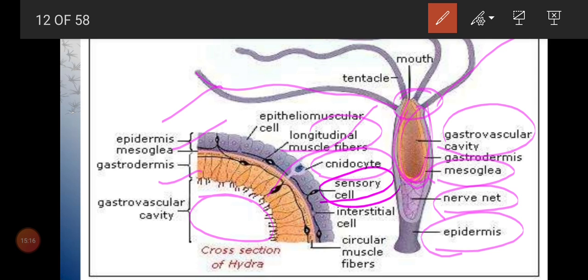Now only the sensory cells have started. That's why it is called a primitive nervous system. And interstitial cells, I'll explain with other organisms. You just remember interstitial cells will also be present in the Coelenterata group. And circular muscle fibers, because here tissue level started, so we can slowly see the other parts also.